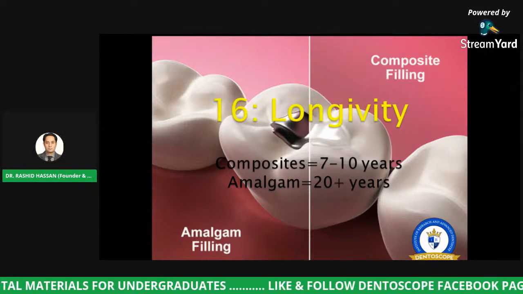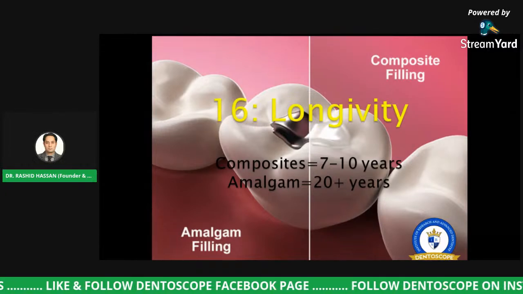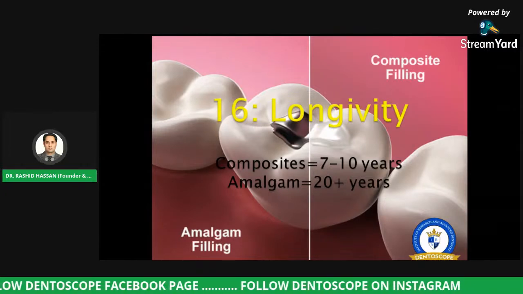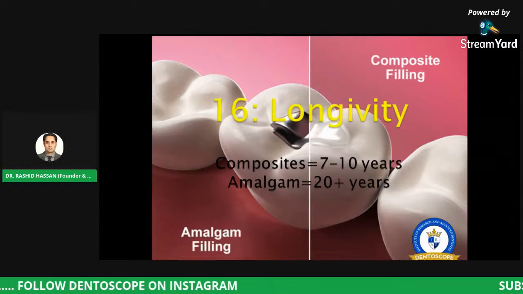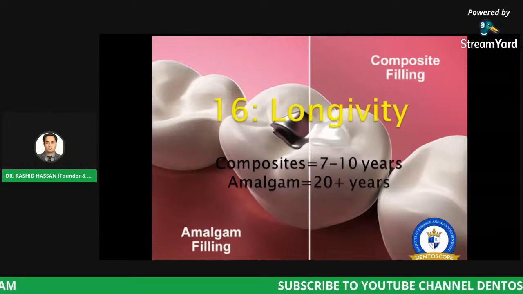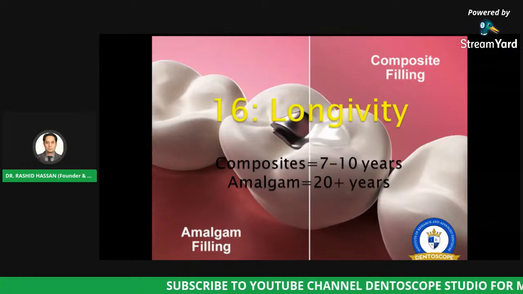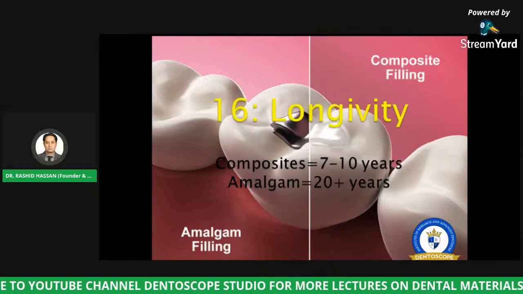Dental amalgam has a proven track record of more than 20 years of prognosis in the case of posterior teeth. If we talk about dental composite, even a very well done dental composite restoration will need a replacement after every 7 to 10 years.